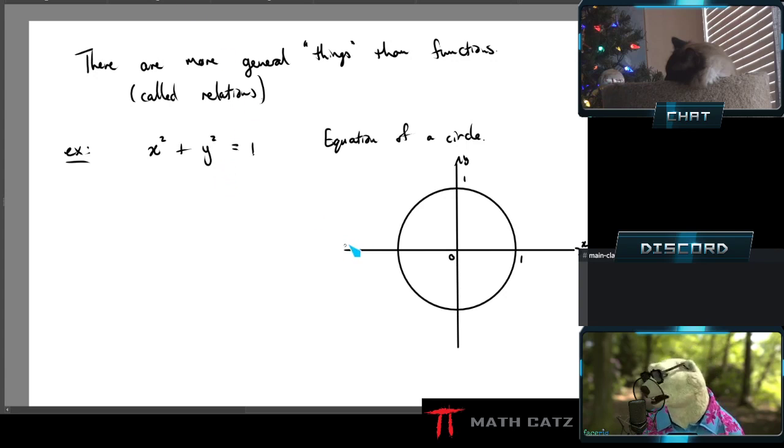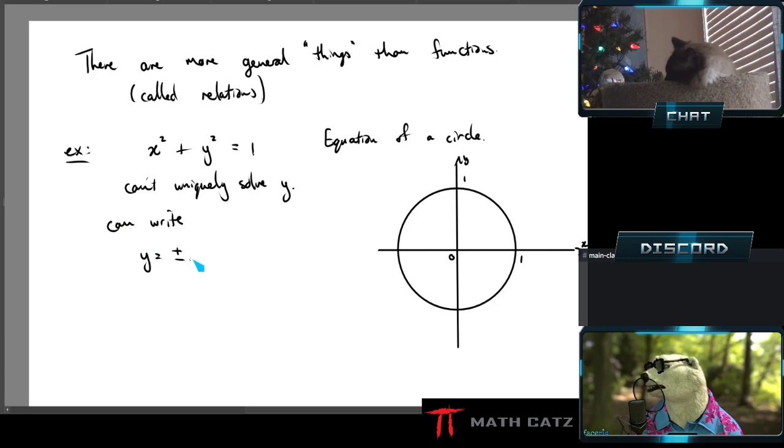But what they didn't tell you is that this is part of this more general relation family because it's not a function. I can't solve for y. Let's say I can't uniquely solve for y. Now in high school, they might have written you can write y equal to plus or minus square root of 1 minus x squared.